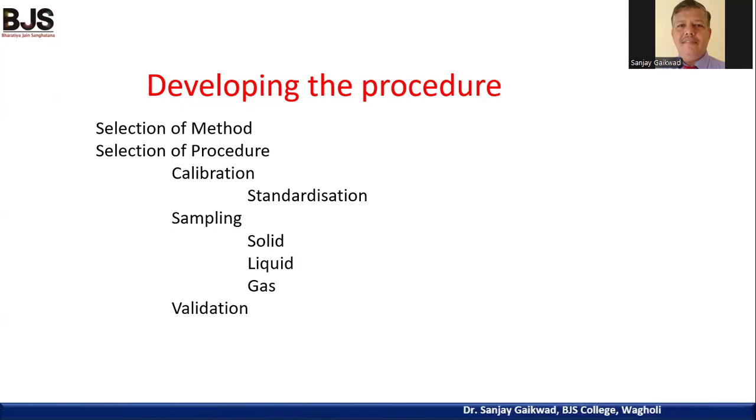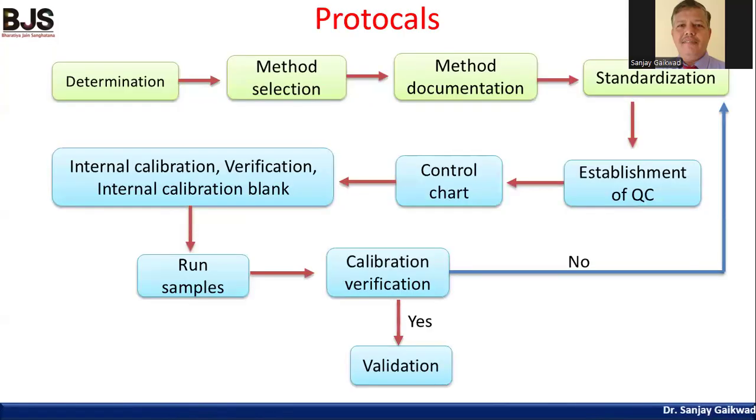Now, after developing this procedure, we can use the protocol for the analysis. Means in many industries protocols are used. For example, this is a simple protocol. Once you decide the determination, then the method can be selected for this analysis.